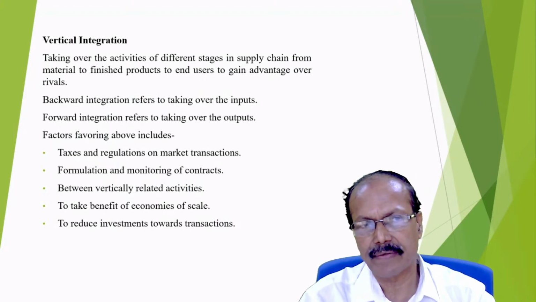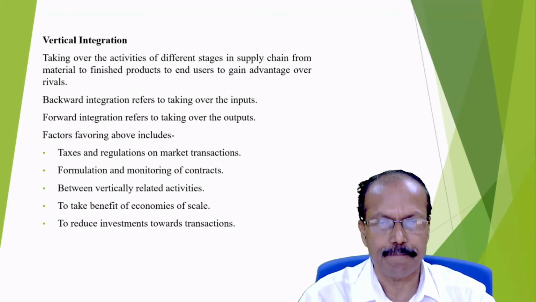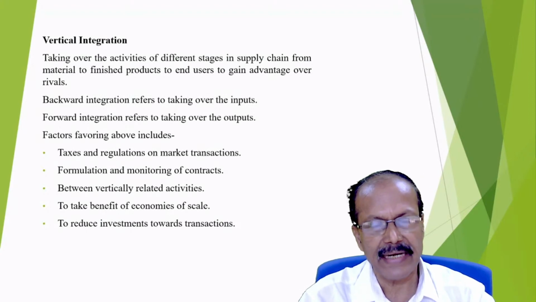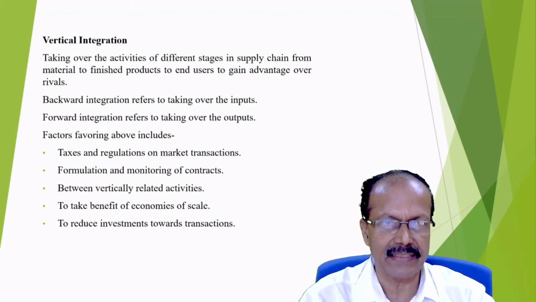So there are different approaches. The first one is called backward integration, which relates to taking over the vendors' activities, that is the supply of raw materials used as an input to the company. It helps in gaining control over its input side. And the second approach of vertical integration is termed forward integration.